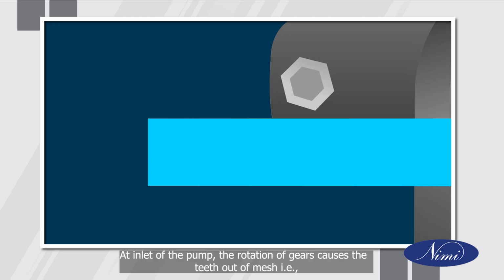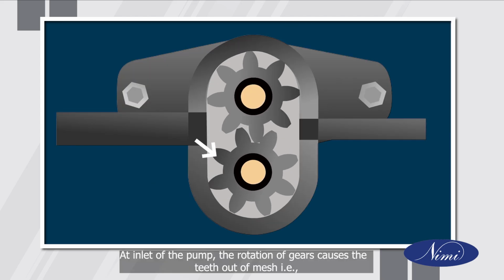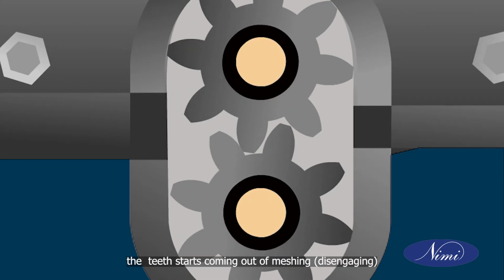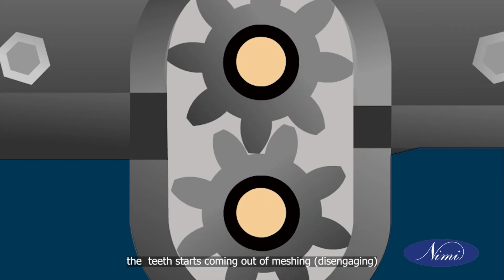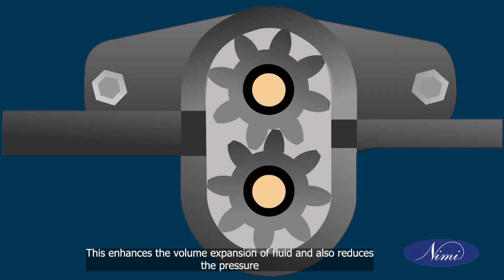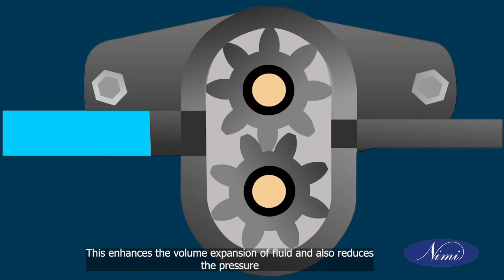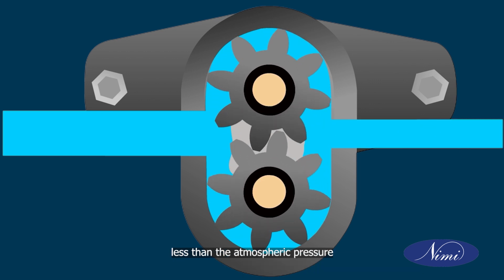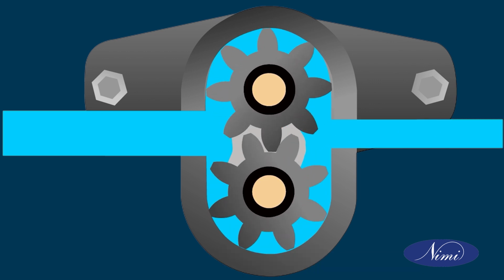At the inlet of the pump, the rotation of gears causes the teeth to go out of mesh. That is, the teeth start coming out of meshing, disengaging. This enhances the volume expansion of fluid and also reduces the pressure to less than atmospheric pressure.